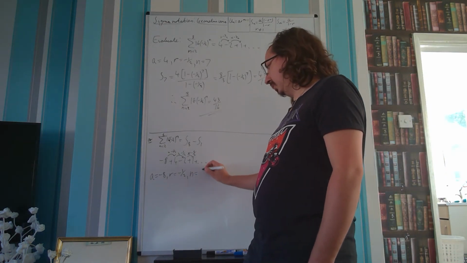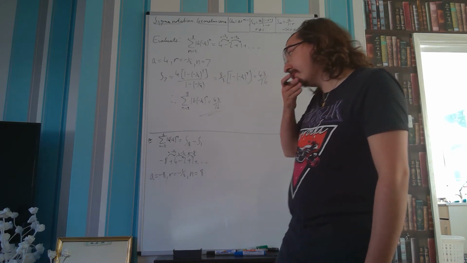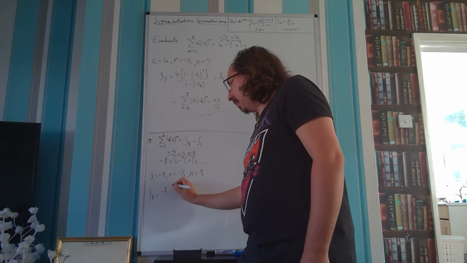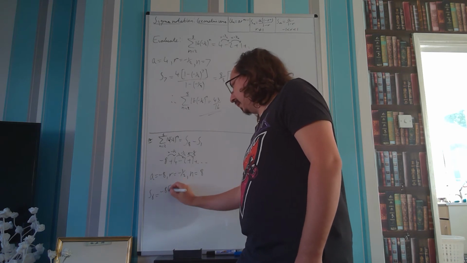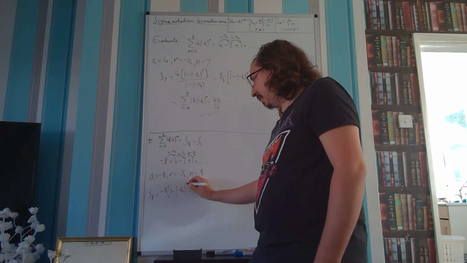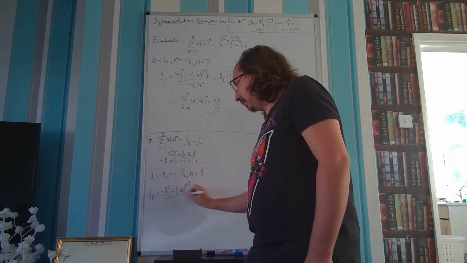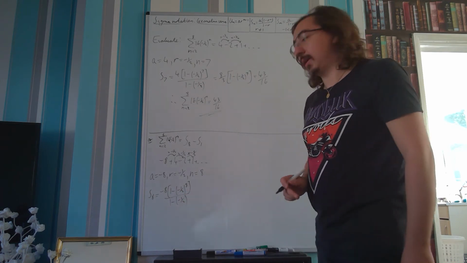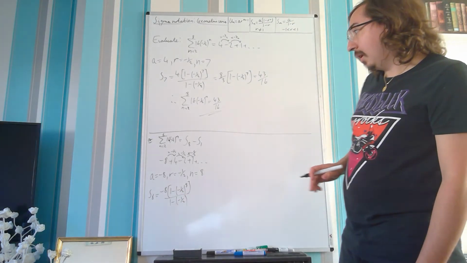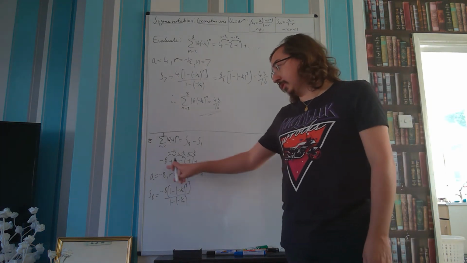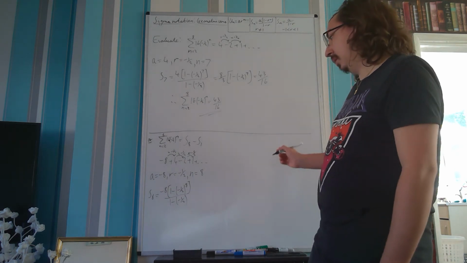So the first one is using n equals 8. So the sum of the first 8 terms is equal to, in fact, minus 8 times 1 minus a half to the 8, all over 1 minus a half. Now the sum of the first term is literally just the first term, which is minus 8.